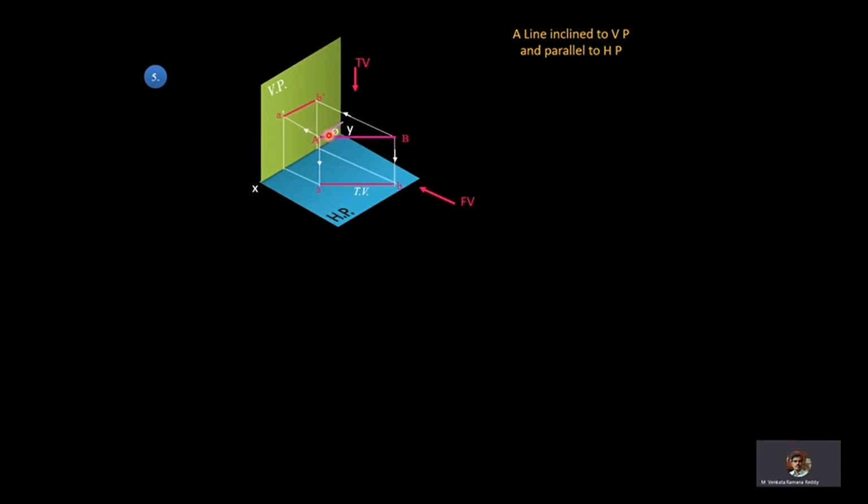Because this line is making a certain inclination with VP, on VP we will get apparent length or reduced length. Then we'll rotate the horizontal plane 90 degrees in clockwise direction, so that the top view comes below the reference line and front view comes above the reference line.